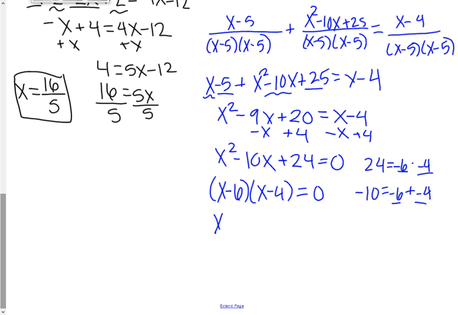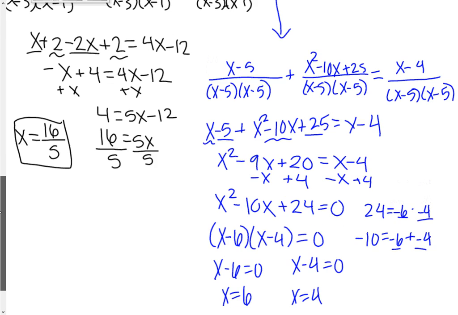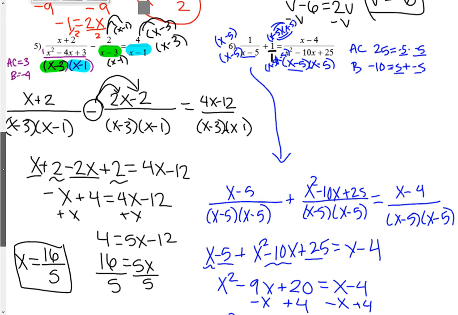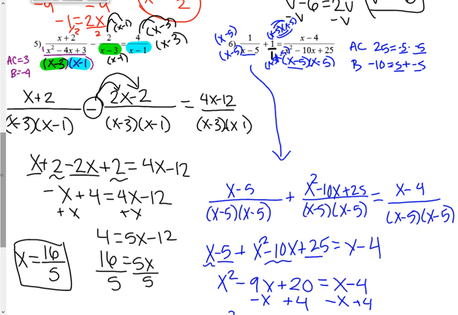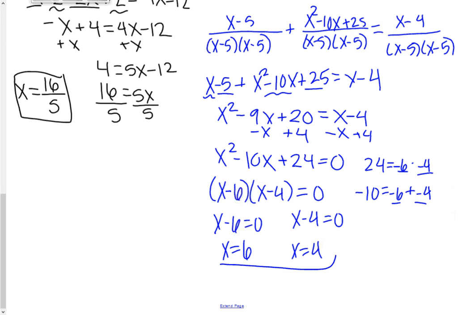When I set those two equal to 0, I get x equals 6, and I get x equals 4. Again, we need to check to make sure that those numbers are not going to make my denominator equal to 0. If I plug 6 or if I plug in 4, neither of them will equal 0, so both of them are solutions. If you have any questions, please come on in.